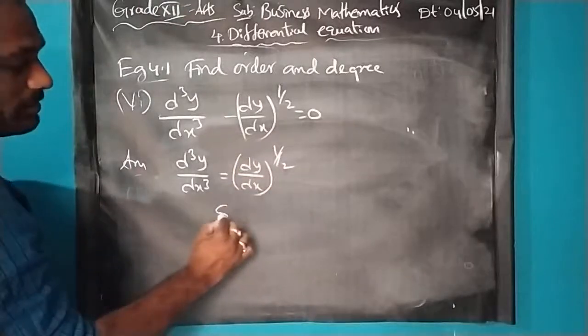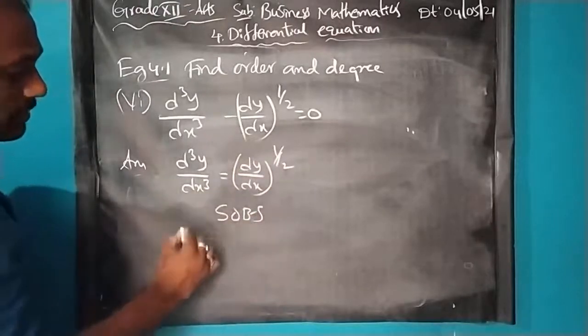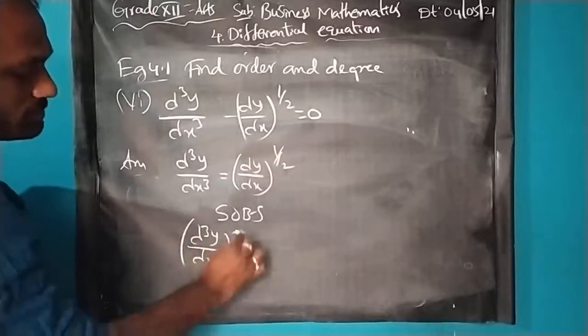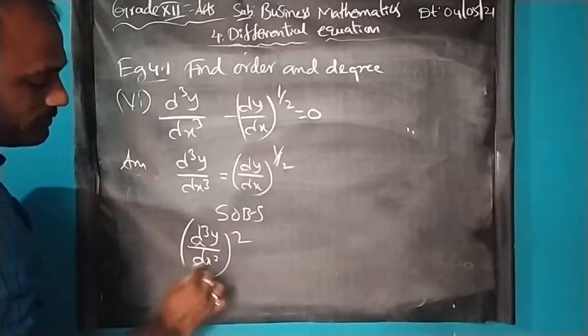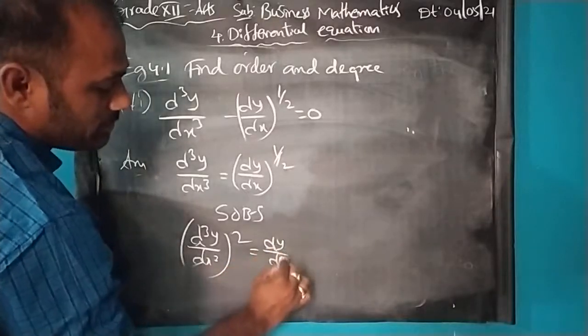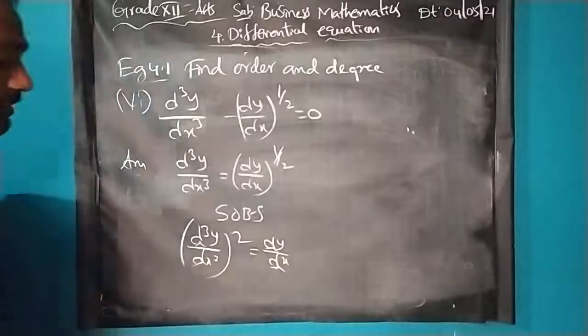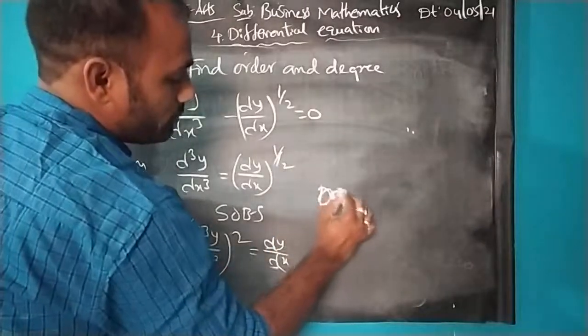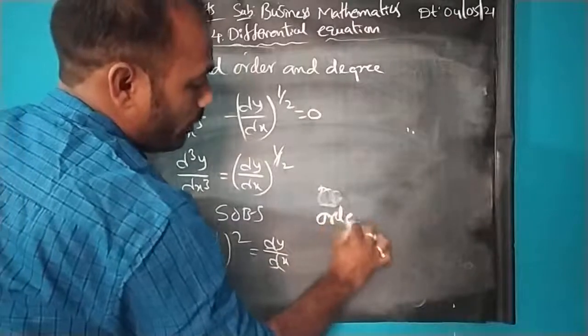Why? Because in the denominator there is 2. So if I apply squaring on both sides, it will become d cube y by dx cube whole square is equal to dy by dx. So by this we can write the order. Order is 3.